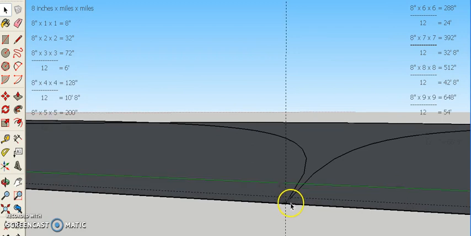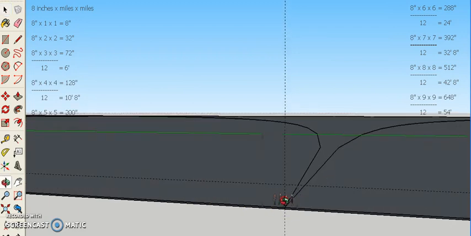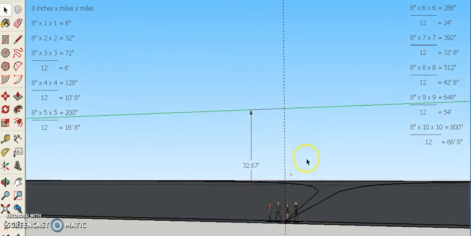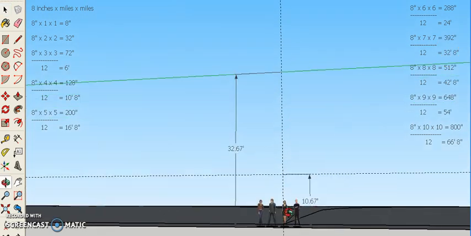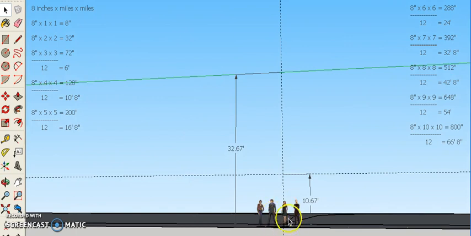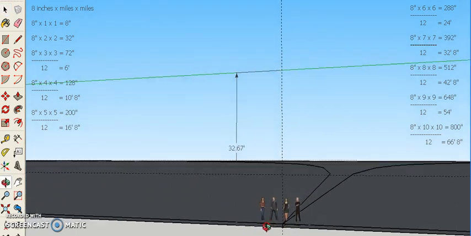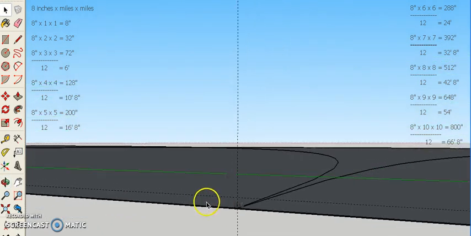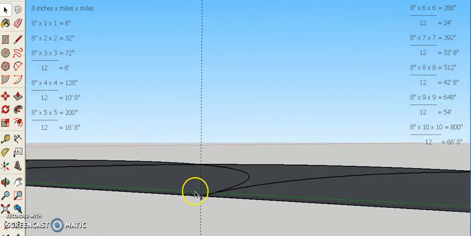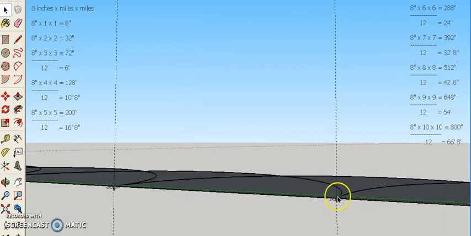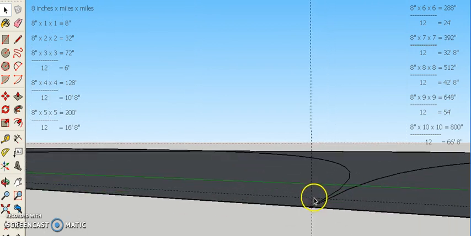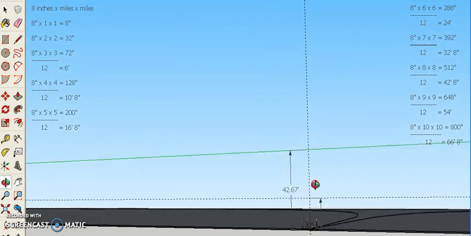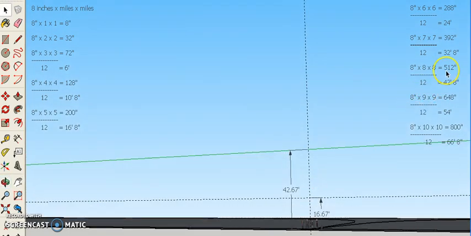So we're at 7 miles, 32 feet, 8 inches. What we cannot see is 10 foot, 8 inches of that distance. 8 miles is 42 feet, 8 inches.